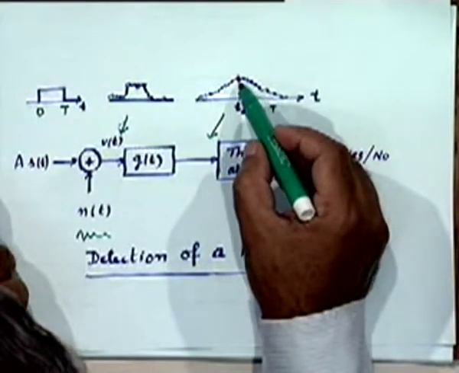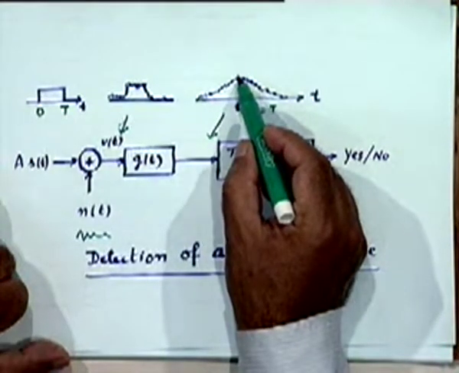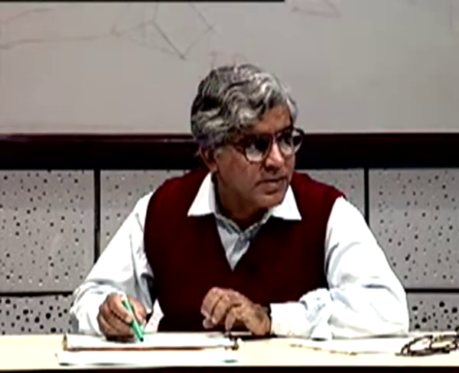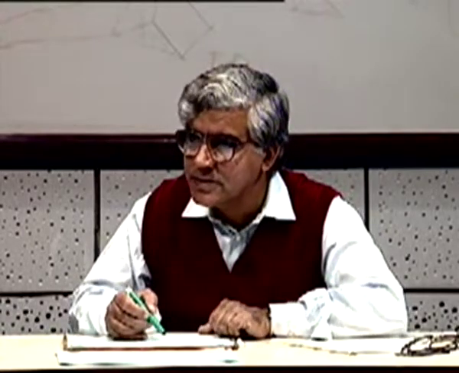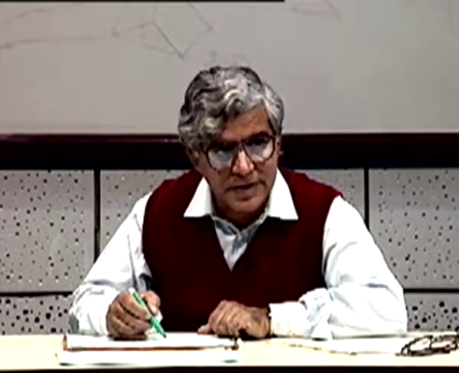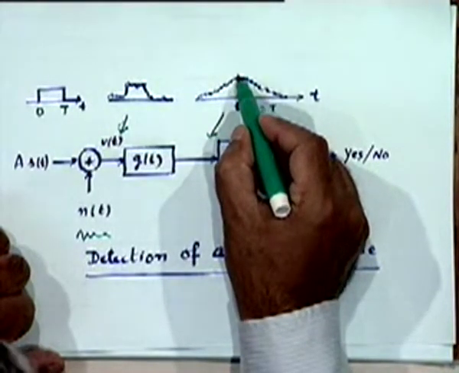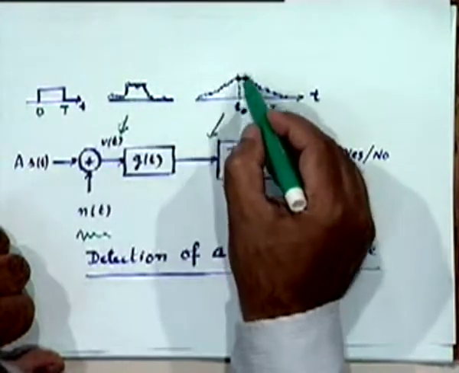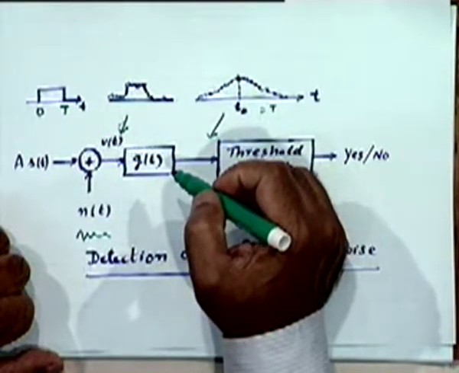And depending on the magnitude of noise, that perturbation may be quite large. So basically what we would like to do is design a filter such that the signal contribution becomes as large as possible but the noise perturbation remains as small as possible. That is how we will choose this g(t). The filter g(t) should be selected so that at this point most of the contribution is coming from the signal with possibly a small perturbation coming from noise.